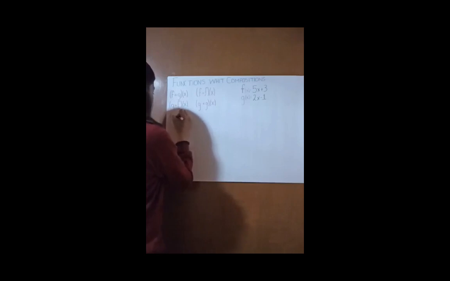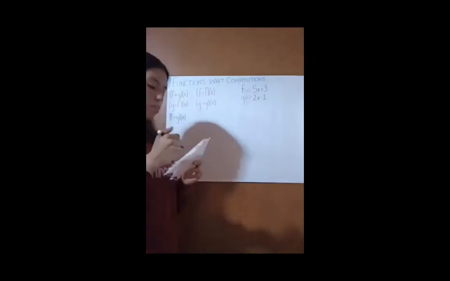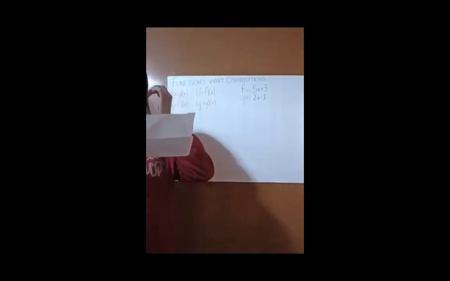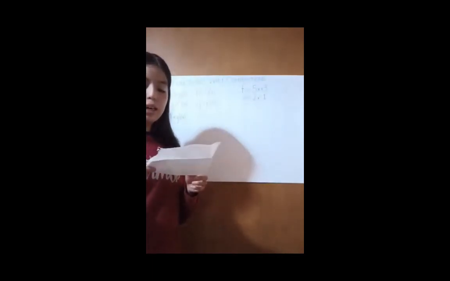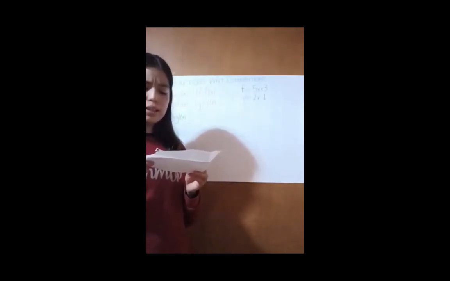Let's start with the first composition, f composition g of x. The composition is equivalent to f evaluated at g of x.